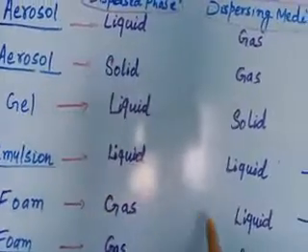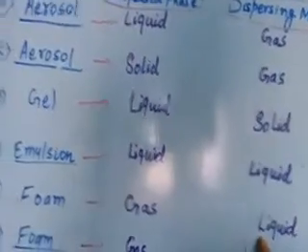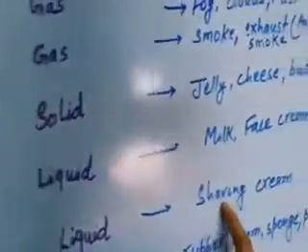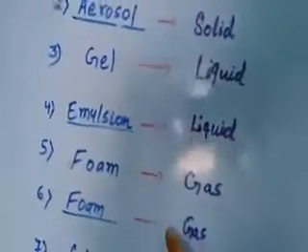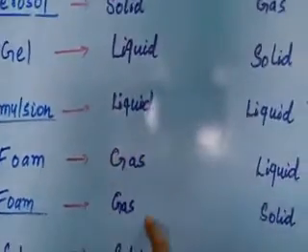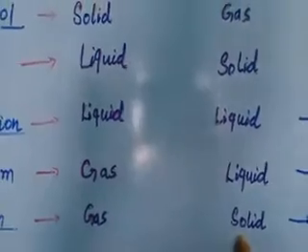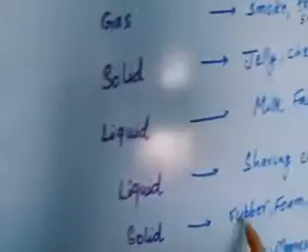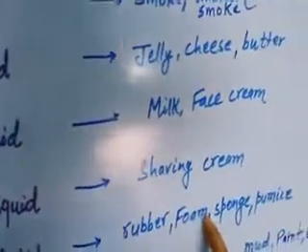If the gas is dispersed in liquid dispersing medium, then examples of that type of foam are shaving cream, etc. And if the gas dispersed phase is dispersed in solid dispersing medium, then that type of foam is gas solid colloid, and examples are rubber, foam, sponge, pumice, etc.